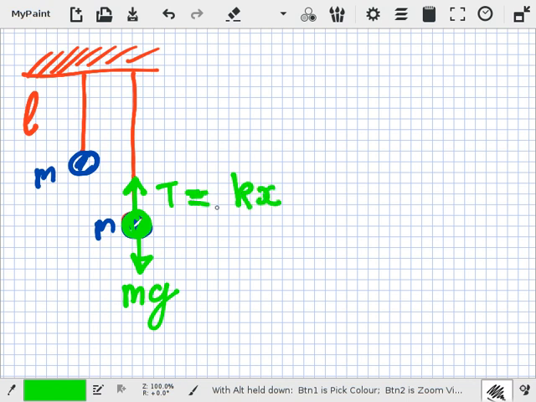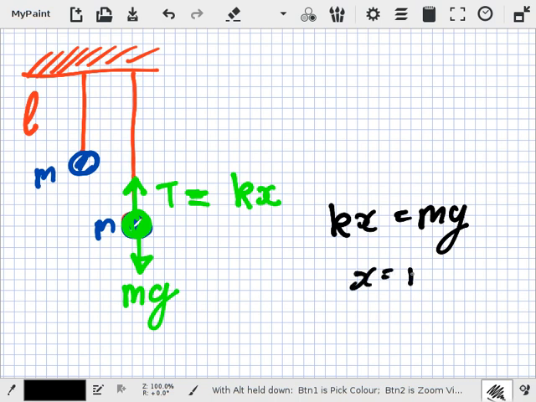Now I'm not putting the minus in because I know it's up. I know the direction. Okay. You actually know that these two forces should be equal. Yeah? Because it's balanced, it's not moving. So what does x equal? mg over k.